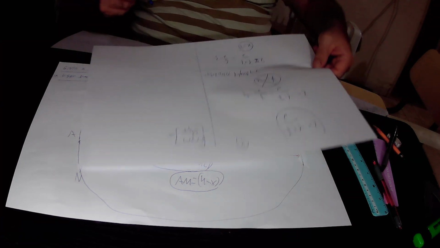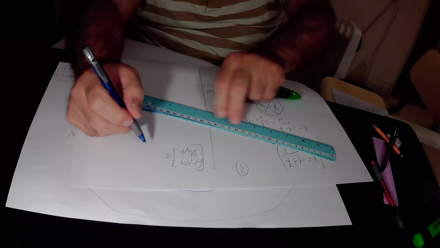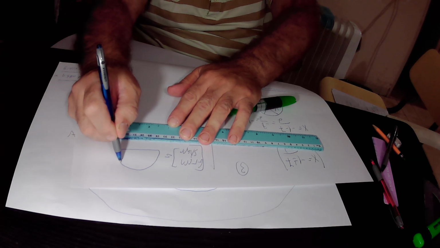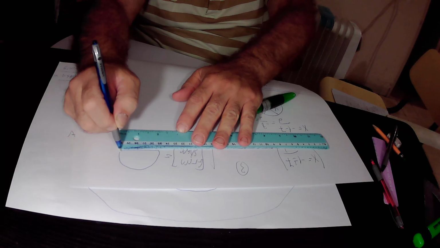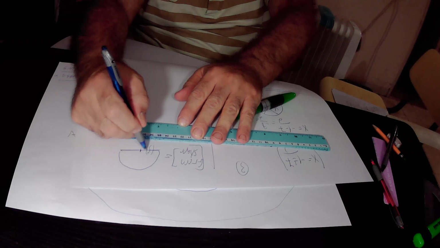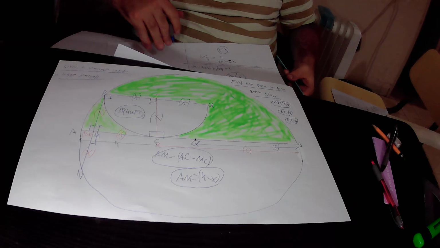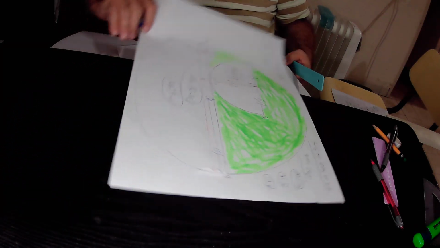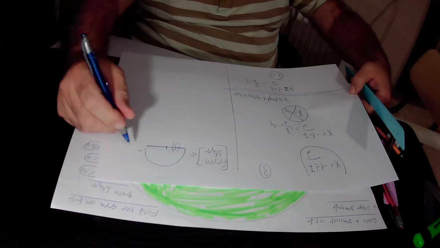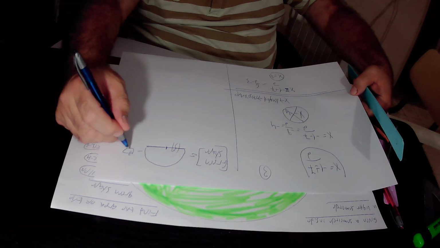We found that the radius of the big semicircle equals 5, minus the area of the small semicircle, whose radius we already found equals 3.